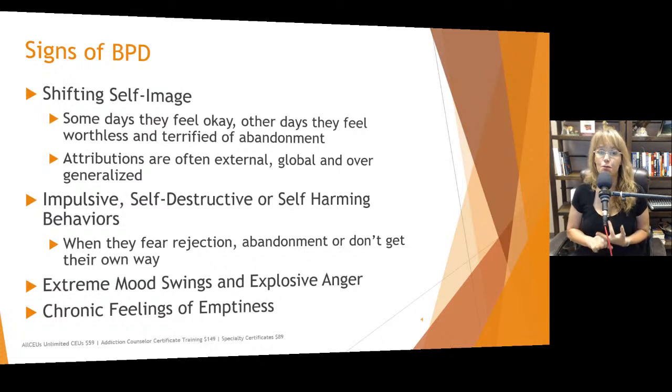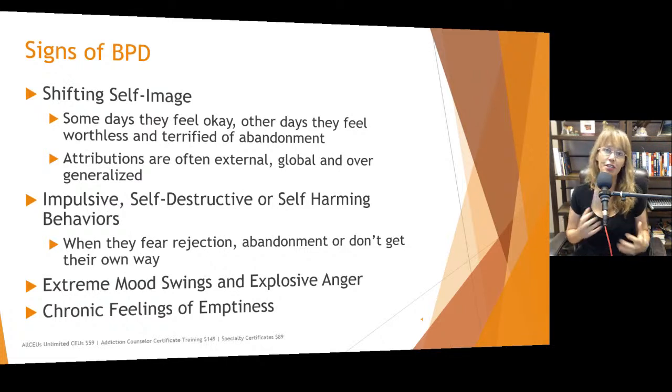Extreme mood swings and explosive anger go along with all of this. If they go from loving you to hating you, they go from elated to rageful, it's exhausting to try to keep up with this person. And because they switch so quickly, a lot of times you feel tense and stressed out and exhausted because you're trying to anticipate, what is it that I can say that won't set this person off?